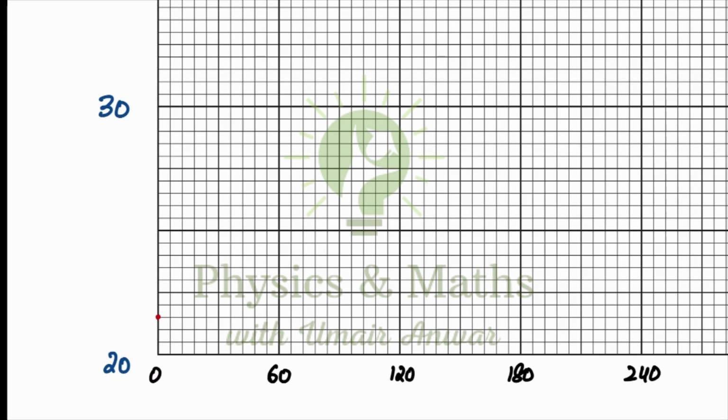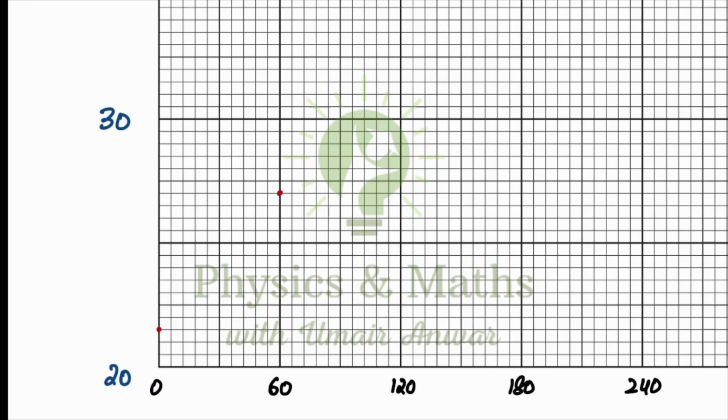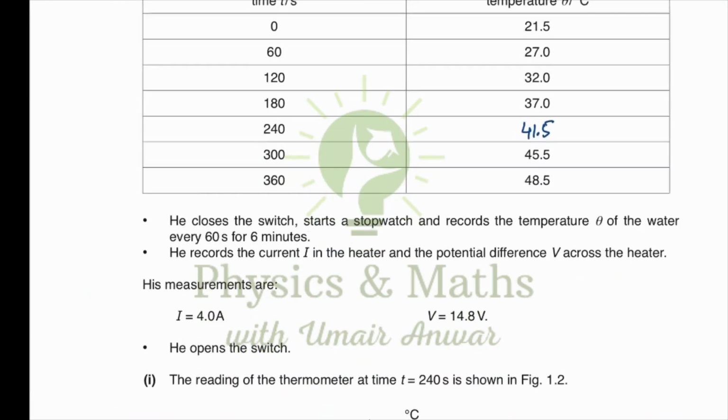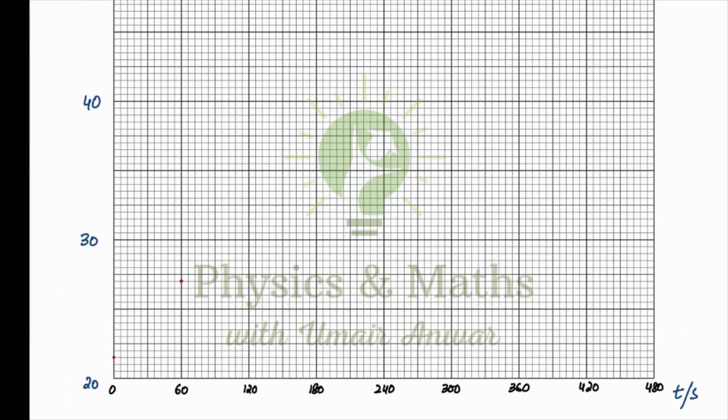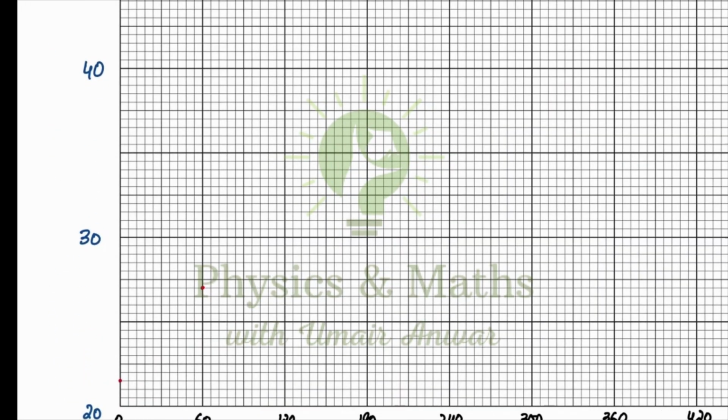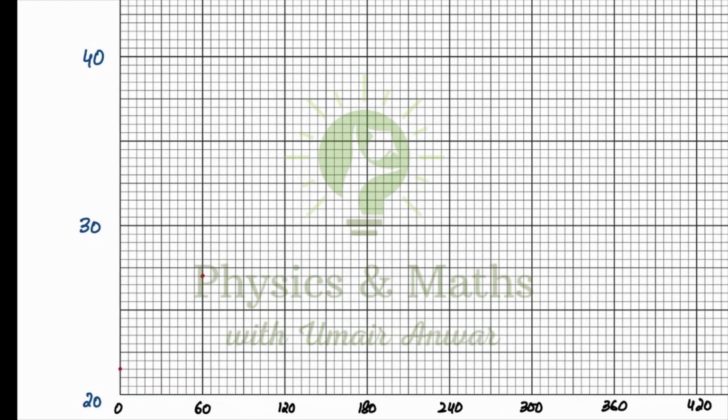So 25, 26, 27. So this point would be marked over here. The third point we have is 120, 32. So on the time of 120, I'm going to mark a point of 32 over here. This would be the point.